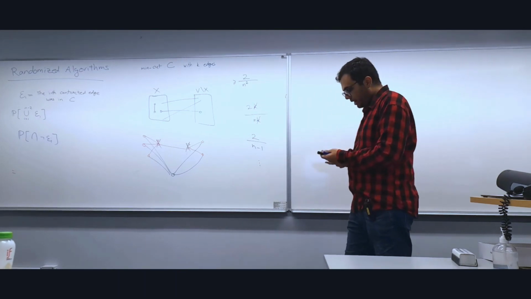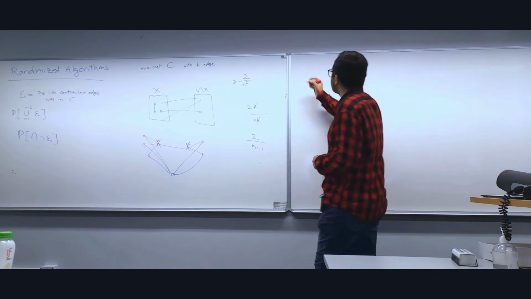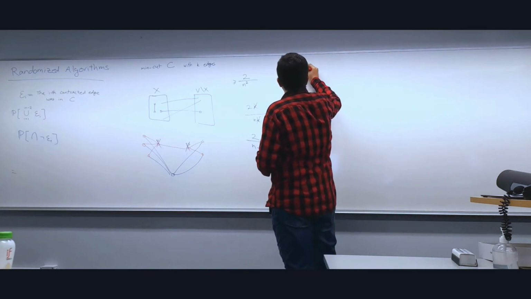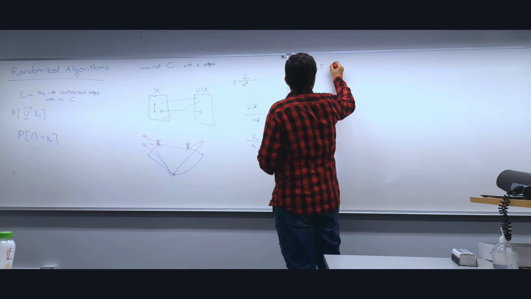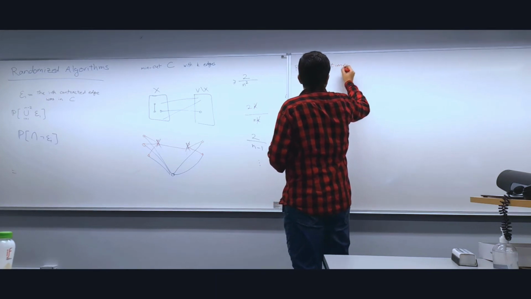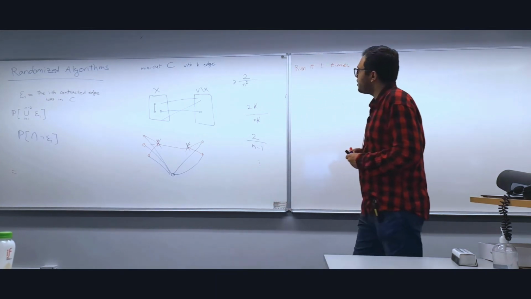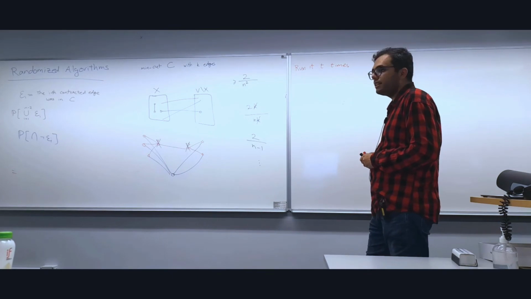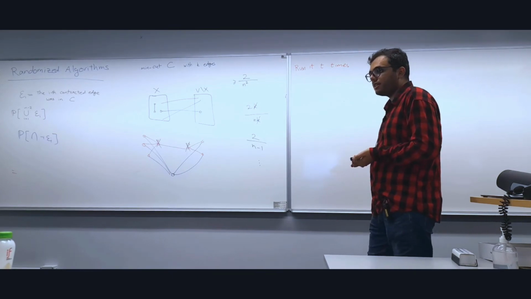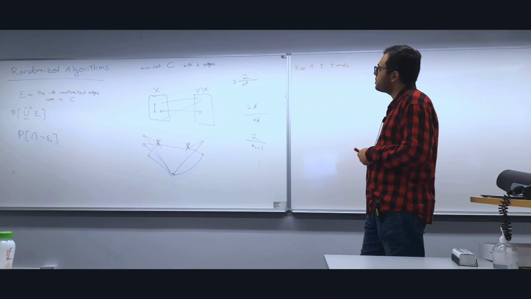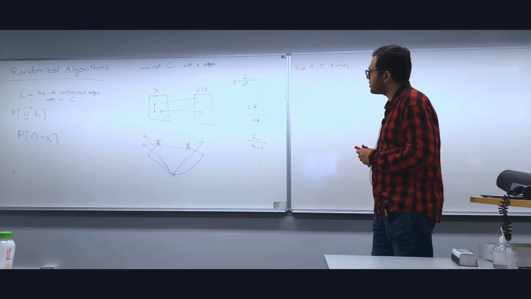And let's say I run my algorithm t times. So run it t times. Now, what is the probability that I never get the right answer? Or what is the probability that I get the right answer at least once?